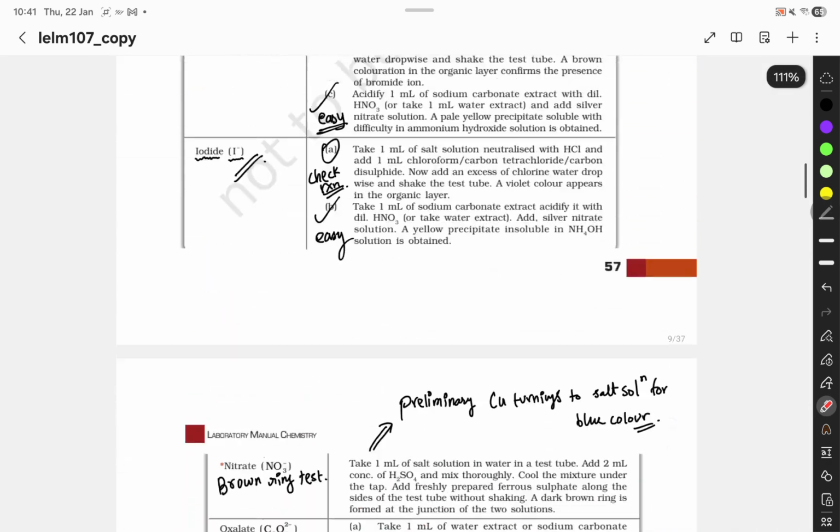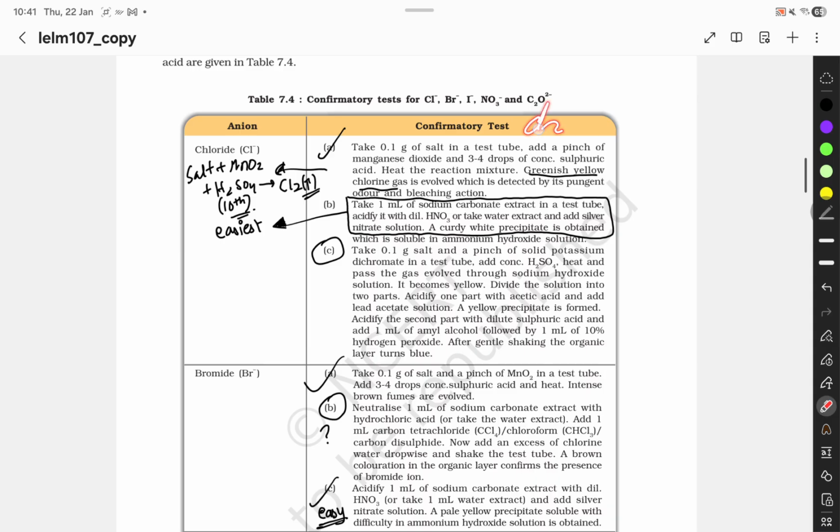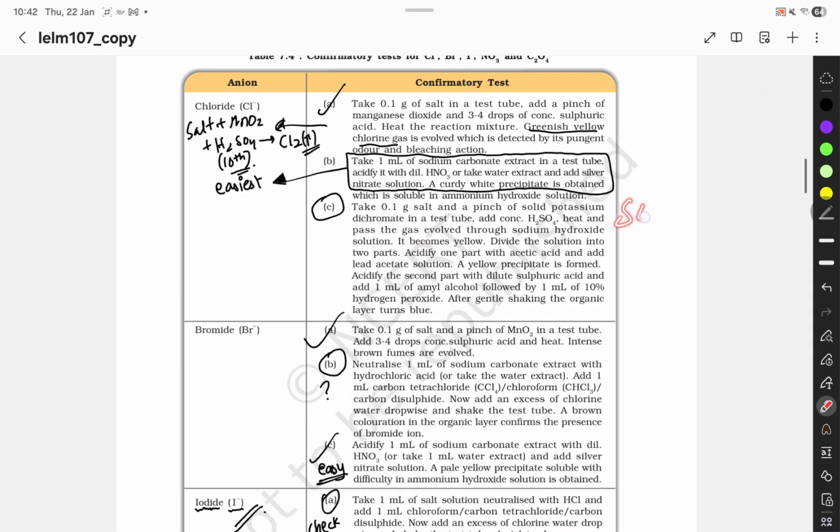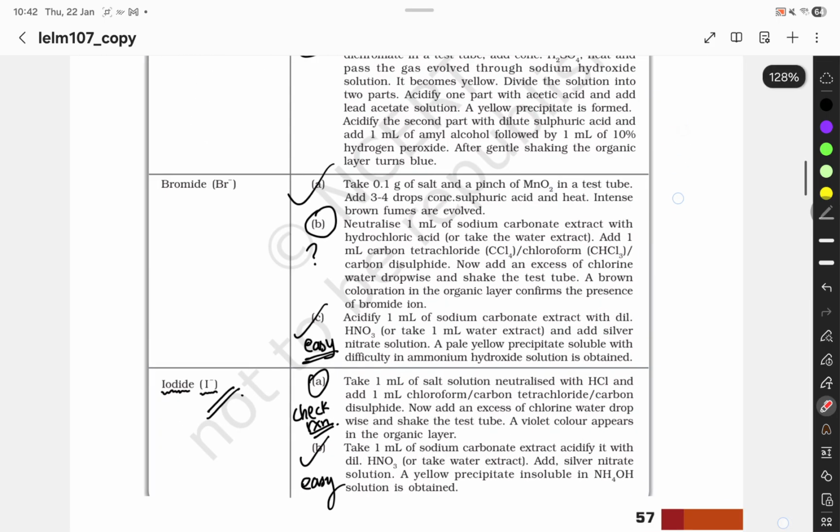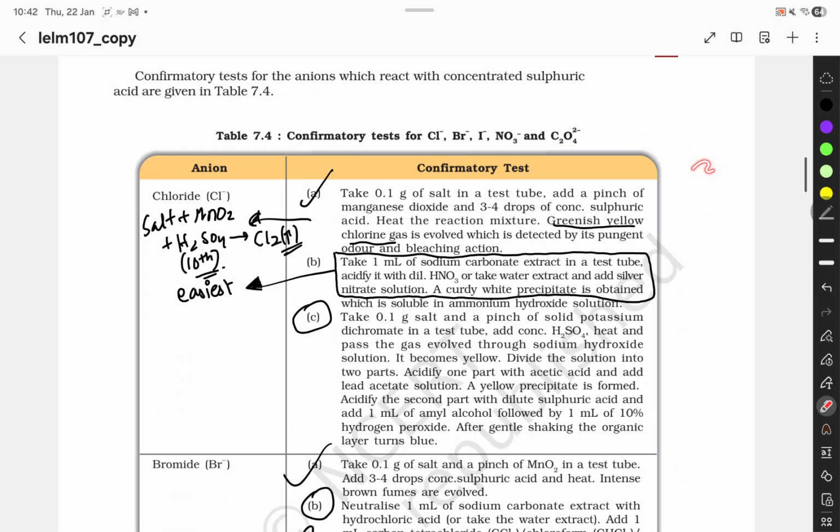The ions involved for dilute are CO3 2 minus, acetate CH3COO minus, NO2 minus, SO3 2 minus, and S2 minus. All those corresponding tests, we know SO3 is a BaSO3 type, and S2 minus is lead acetate. So that is for group 1.